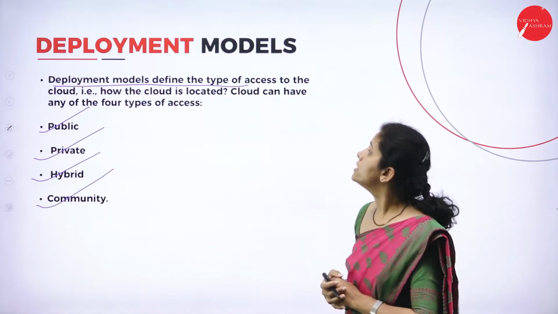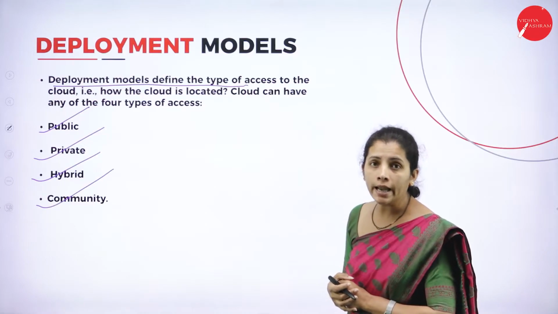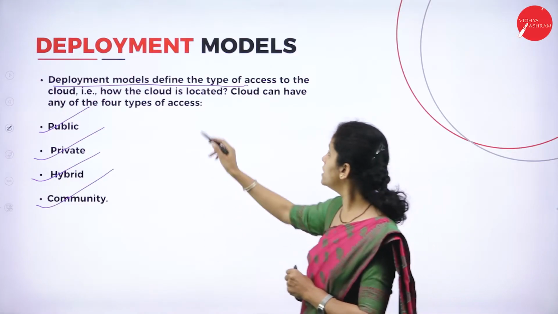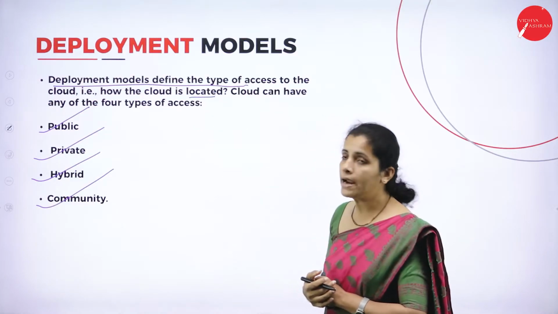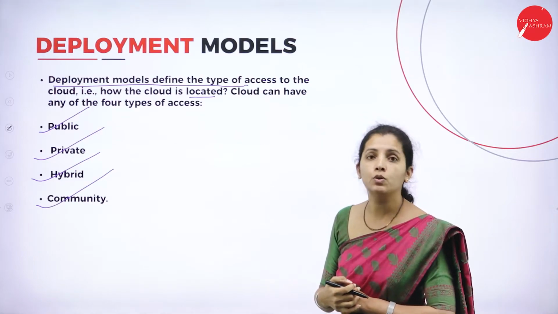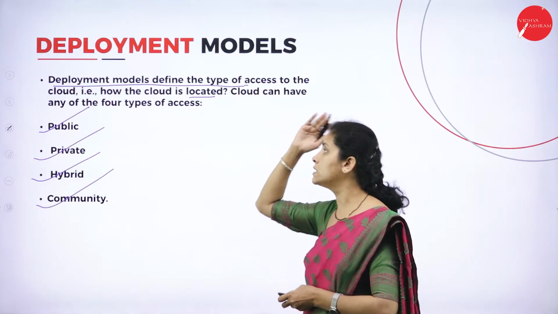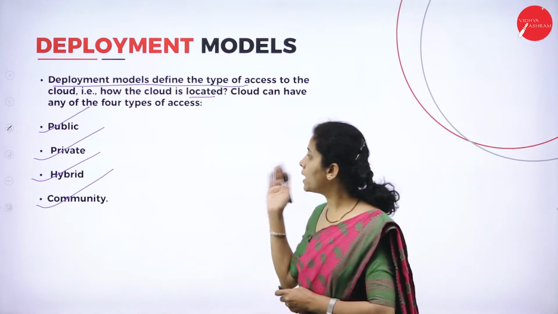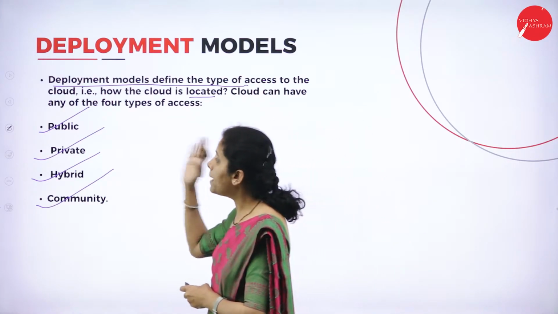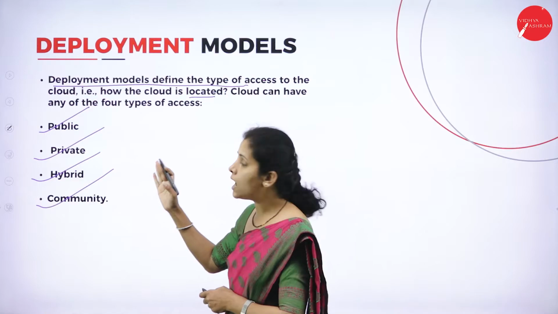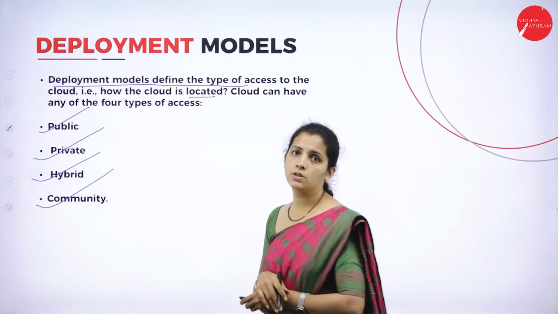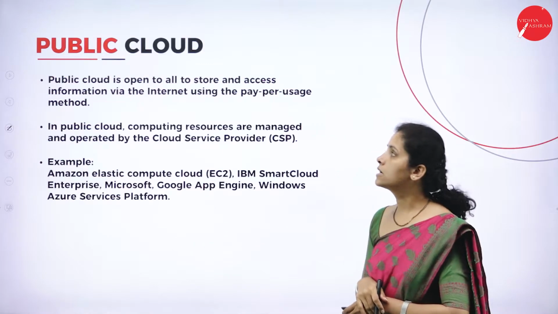So here, the deployment model tells where the cloud is located, how we can access it, and what the types of cloud are: public cloud, private cloud, hybrid cloud as well as community cloud.